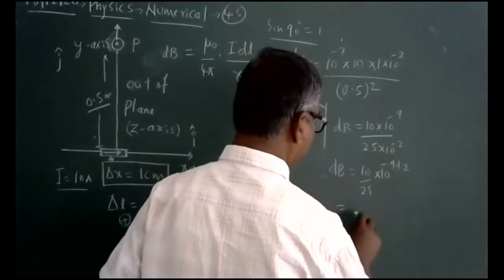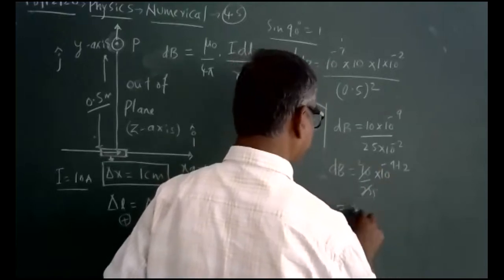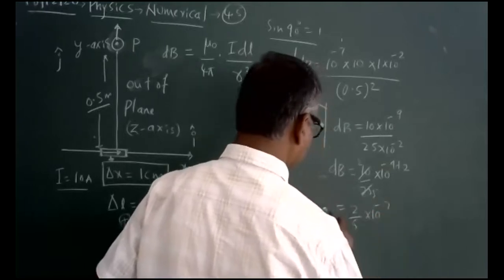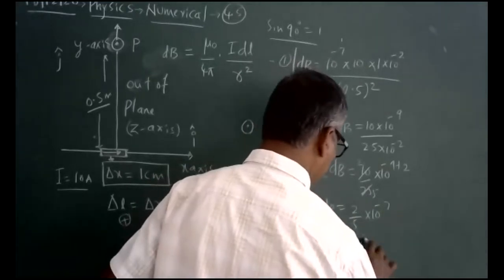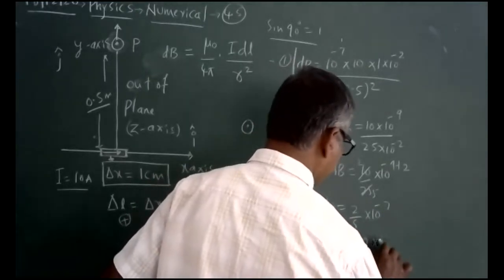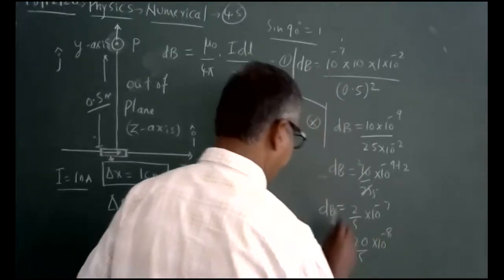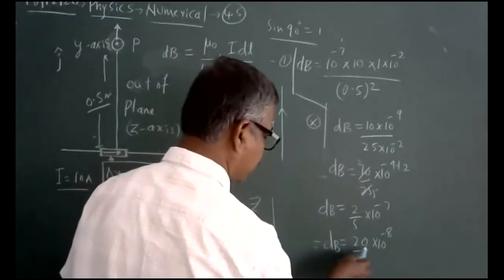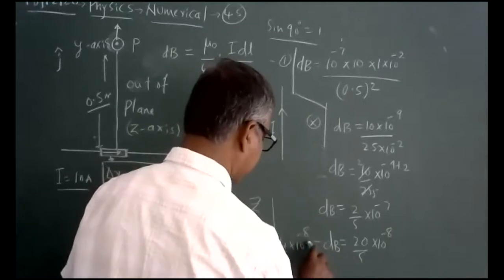So finally you have 2 by 5 into 10 raised to minus 7. This 2 by 5 you can write as 20 by 5 into 10 raised to minus 8, and 20 by 5 is 4, so dB is 4 into 10 raised to minus 8 Tesla.